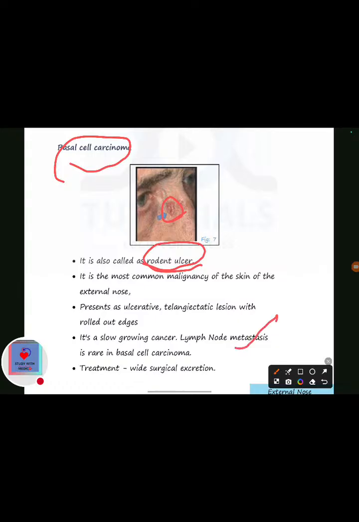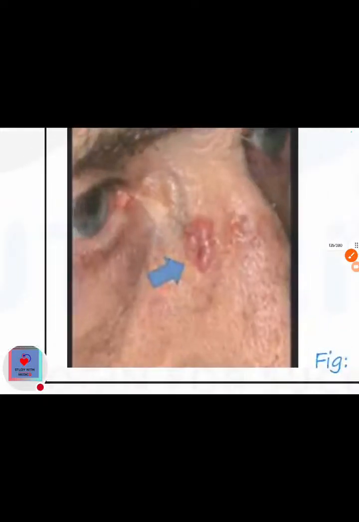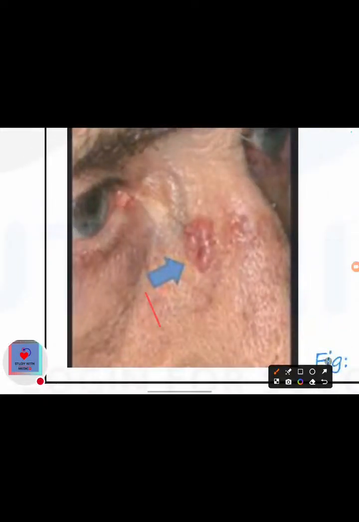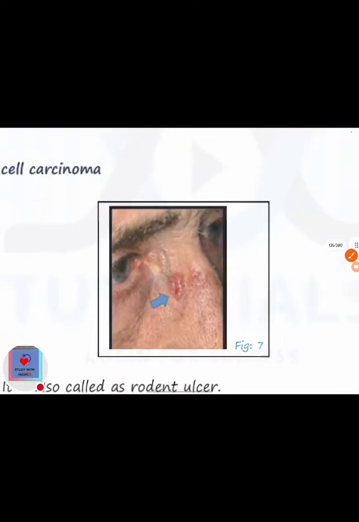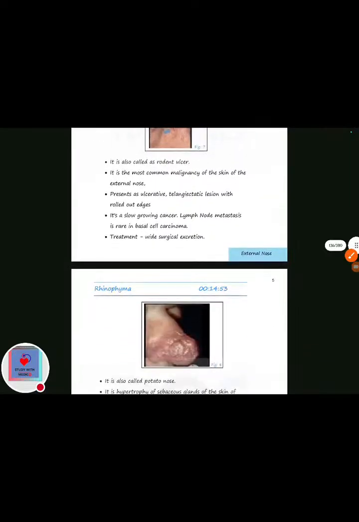Lymph node metastasis can be seen but is rare in basal cell carcinoma, and wide surgical excision can be done. If you see here, these are the rolled out edges. And you can see the blood supply is telangiectatic.